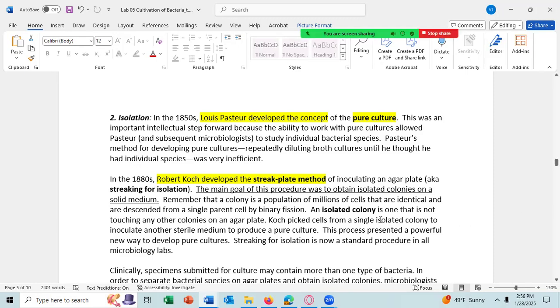Dr. Koch developed the streak plate method where he used a solid plate, solid media, and then streaked out for colonies. And if he took a separated colony, meaning no other colonies were touching it, and then streaked that out on a second plate for isolated colonies, and then took the cells that went through two colony isolation events, you're likely to get a pure culture.